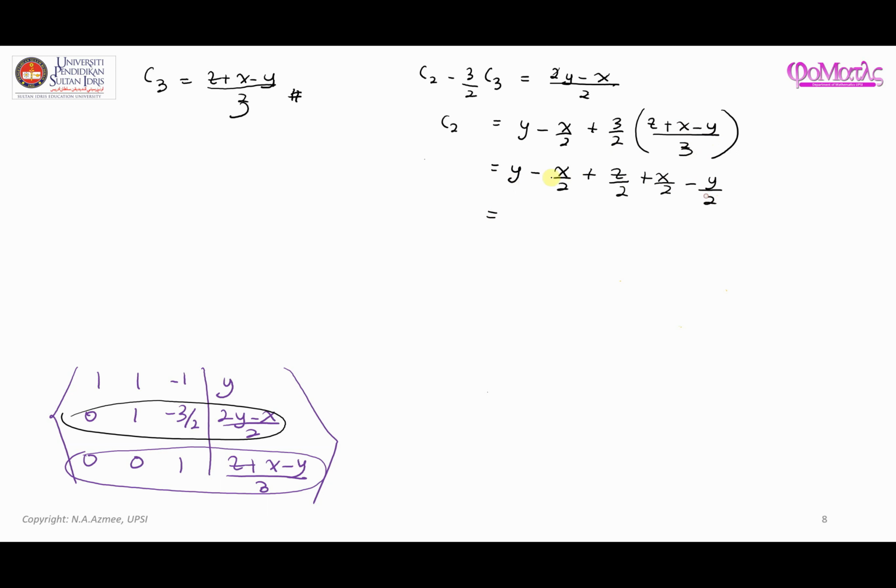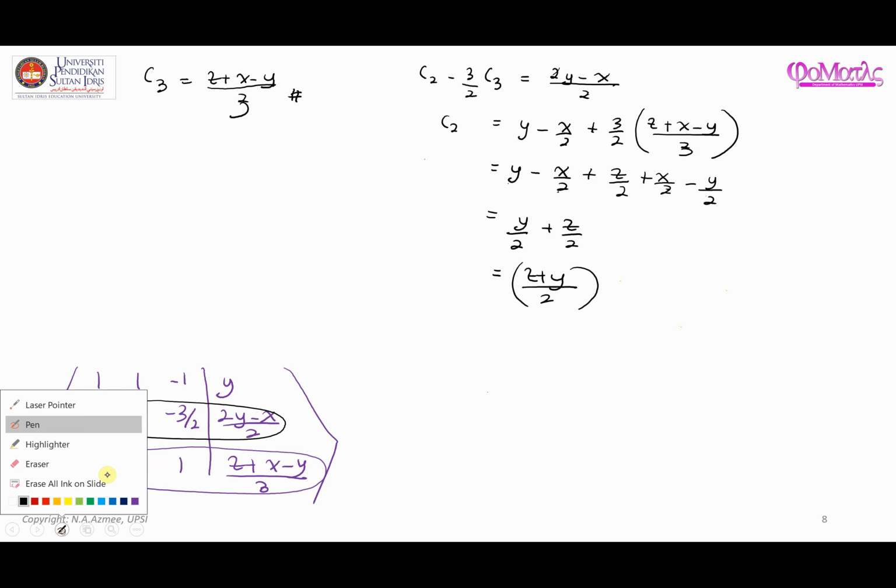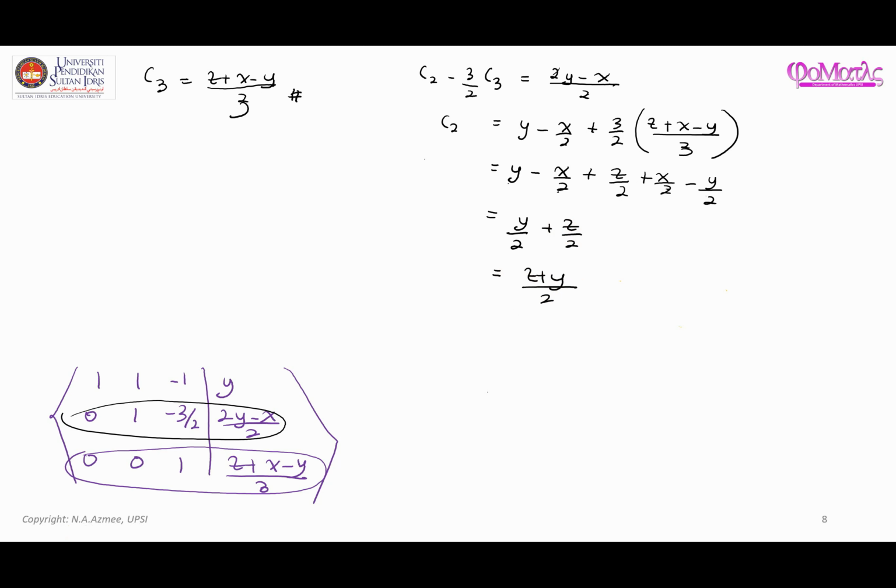So y and y, this will be y over 2. And then negative x over 2 plus x over 2 is gone. And then here we have z over 2, which we can write in terms of z plus y over 2. Oh, we don't need a bracket, so we can just leave it at that. So that is the value of C2.